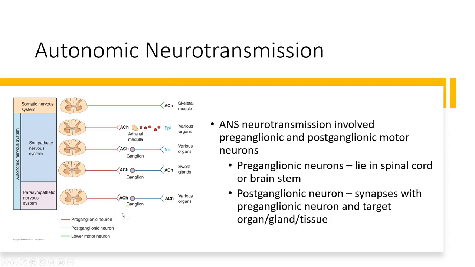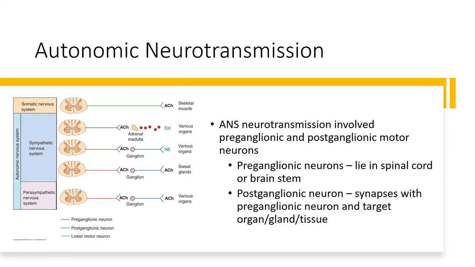These work a little bit differently in the sympathetic and parasympathetic nervous system. Most signals in the sympathetic nervous system involve a cholinergic preganglionic neuron releasing acetylcholine at the ganglion with a postganglionic adrenergic fiber releasing catecholamines like norepinephrine at the various organs.